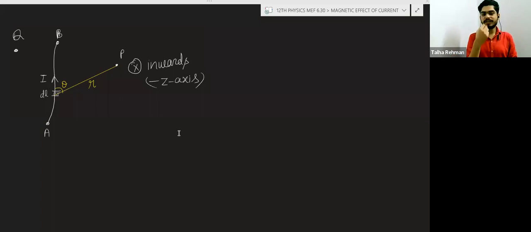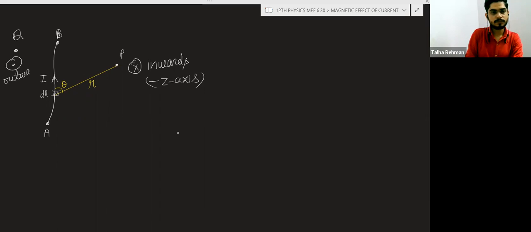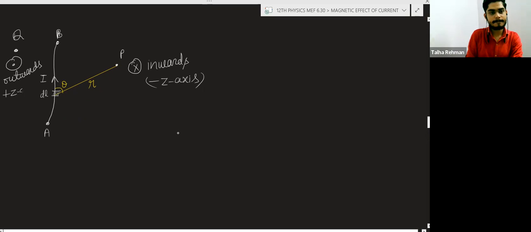So it is coming towards me. Towards me means out of the screen. If something is coming towards you, it means that it is coming out of the screen. So here the direction will be outwards, and outwards is represented by this. And this is along the positive z axis.